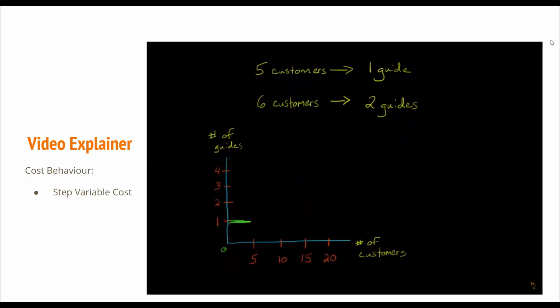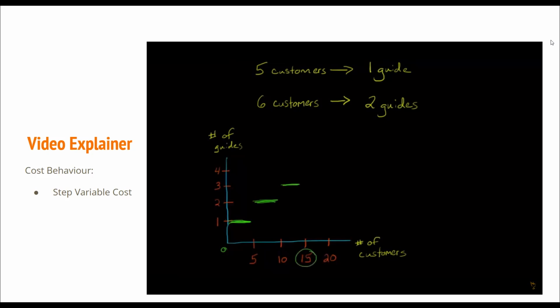But once we go beyond 5, between like 5 and 10, now we need a second guide, right? So now we're going to have here. But in this range, we just need 2 guides. Whether we have 8 customers, 7 customers, we just need 2. But now when we get beyond 10, we get to the 11th customer, now we have to hire a 3rd guide, and so on.